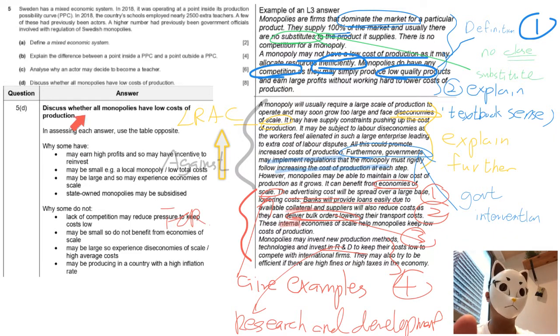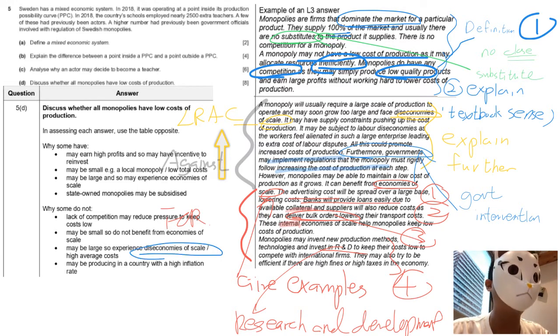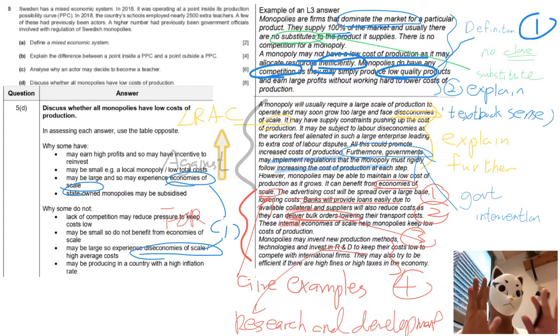Right now I would like to go back to the marking guidelines. Usually students would discuss the economies of scale, whether the company enjoys economies of scale or not. This is number one, a very common way to discuss it.